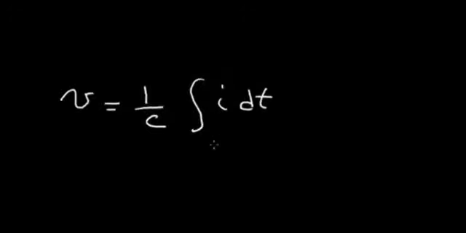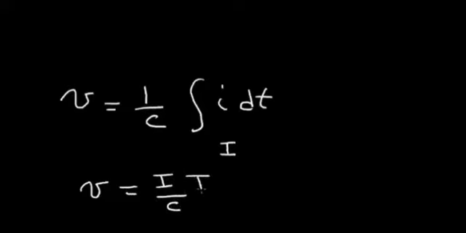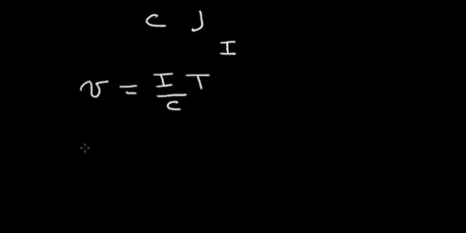If I is constant, let's say I is equal to capital I, which just means it's a constant, this equation simplifies, and I end up with V equals I over C times the time, T. Or I'd prefer to rewrite this as CV equals IT.